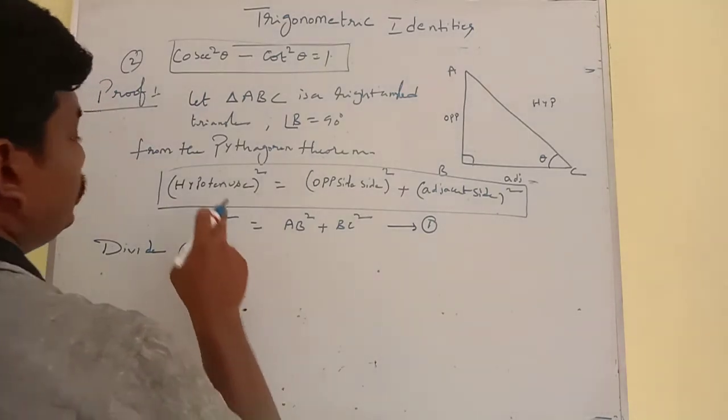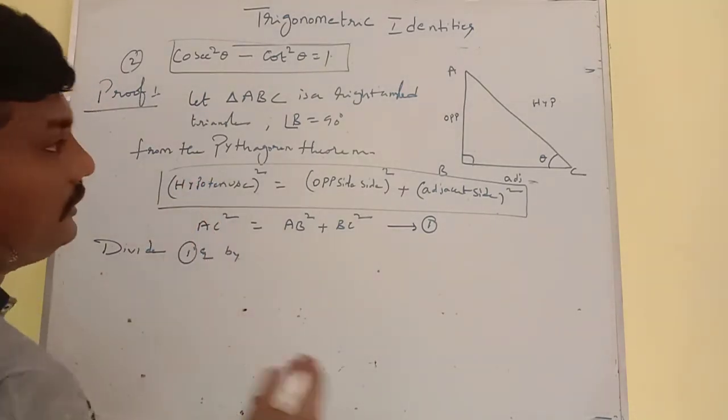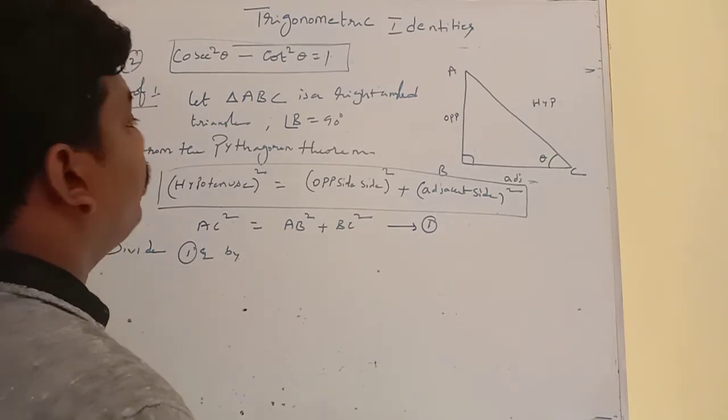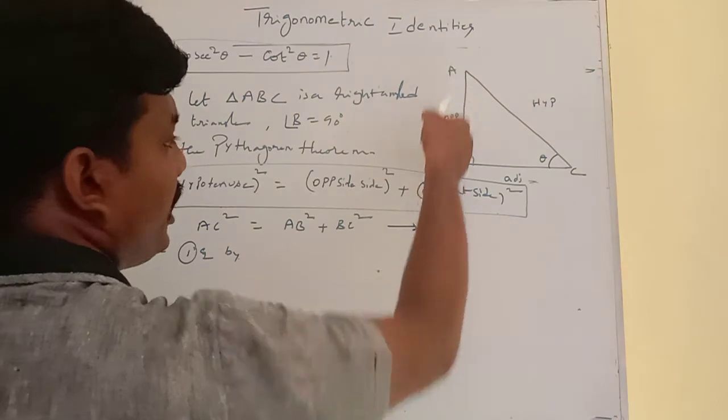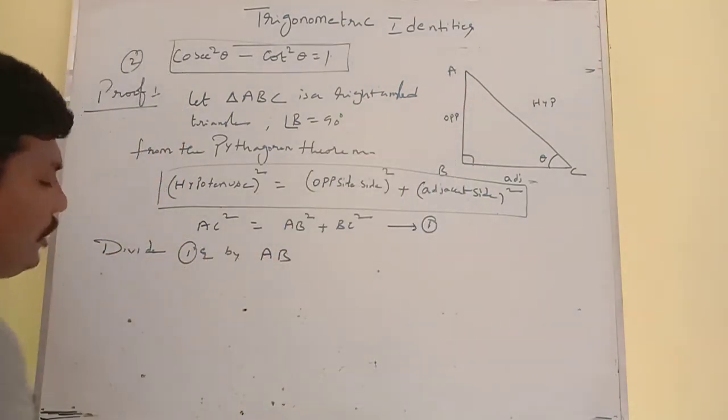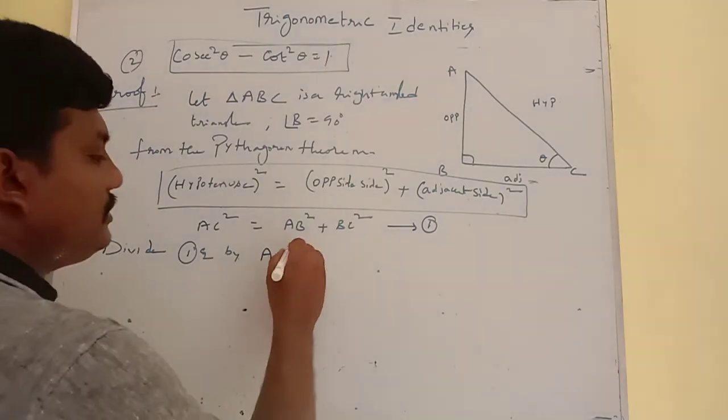Now the first equation will be divided by side AB. So I am going to divide with AB square.